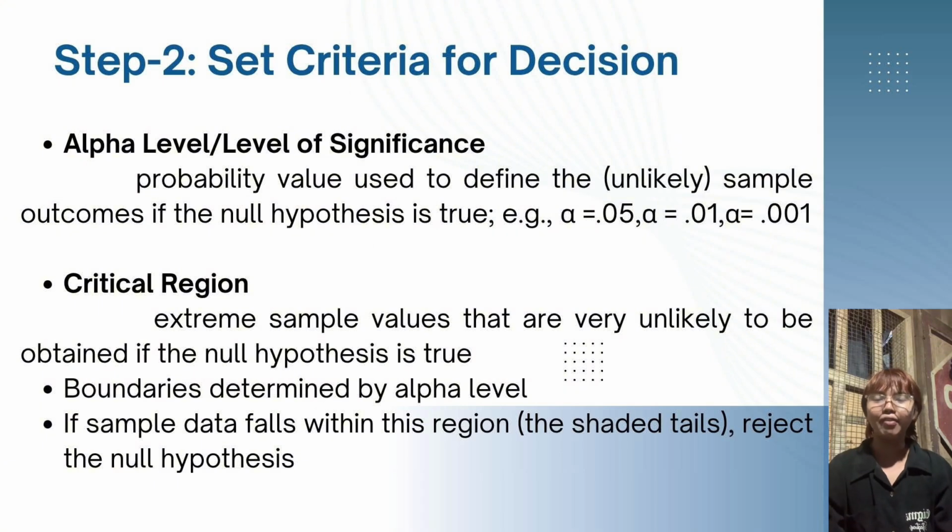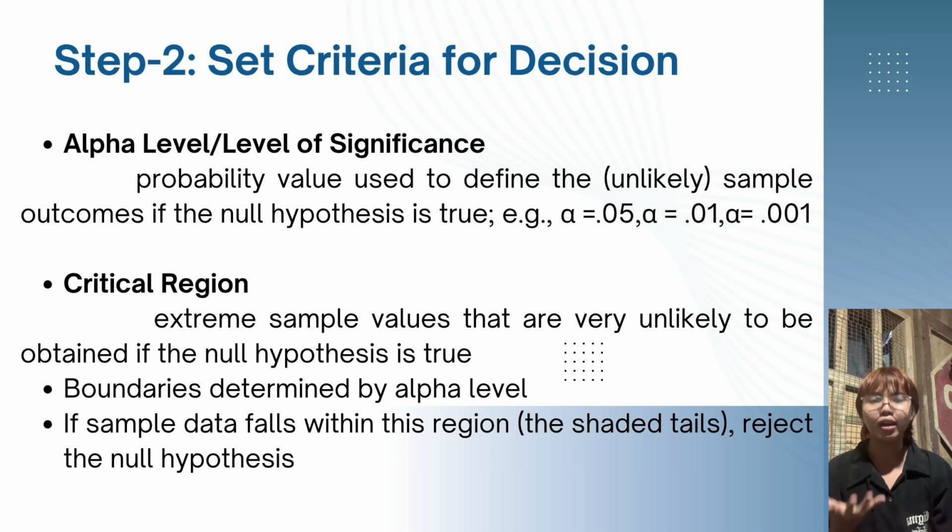The first one is the alpha level, or what we call the level of significance. The second one is the critical region. The alpha level, denoted by the symbol alpha, is the probability value that we use to define the unlikely sample outcomes if the null hypothesis were actually true. Think of it as a threshold for rejecting the null hypothesis.